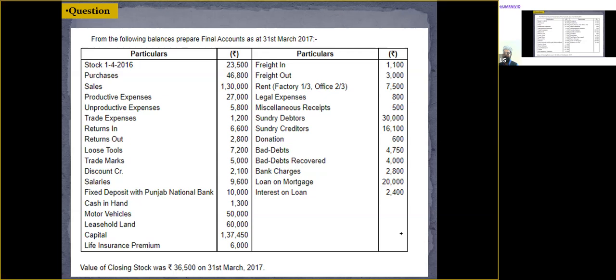When bank issues passbook, ATM, when you use ATM machine of a particular bank, then also bank applies charges. All the charges that are paid to the bank are collectively known as bank charges, 2,800 in this case. So we will be writing 2,800 in the profit and loss account because it is an expense that we have paid to the bank. So bank charges 2,800 should be recorded in the profit and loss account debit side.